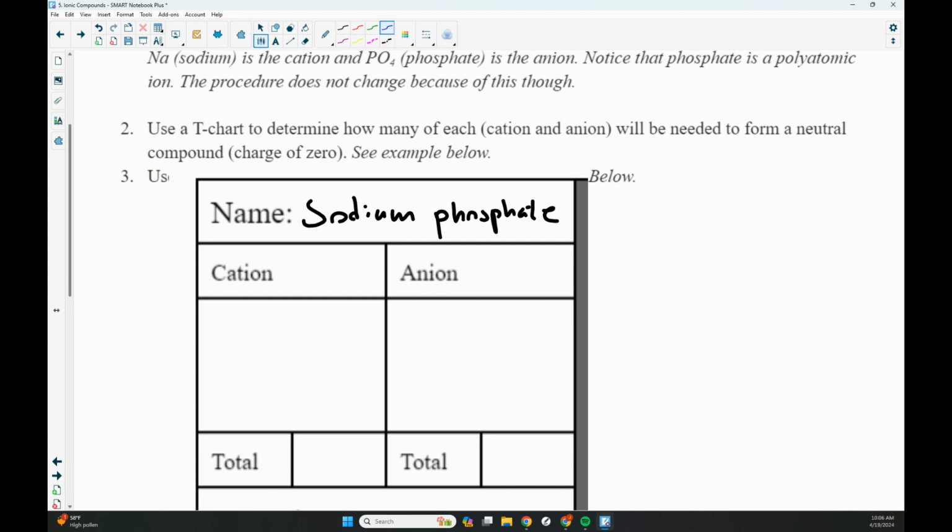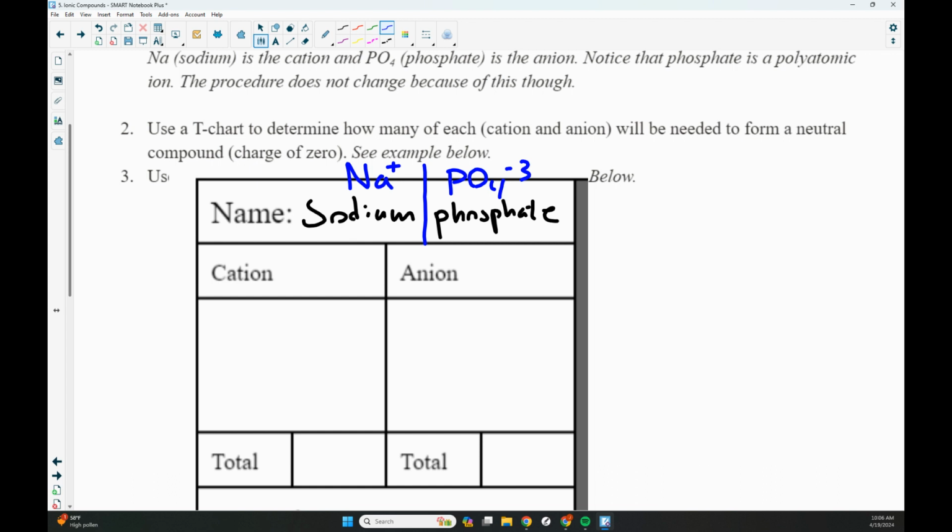So I always like to divide the name into its two parts. So the cation in this case is actually a monatomic ion. It is sodium with a +1 charge. But it is paired up with a polyatomic ion, which is PO4 phosphate with a -3 charge.